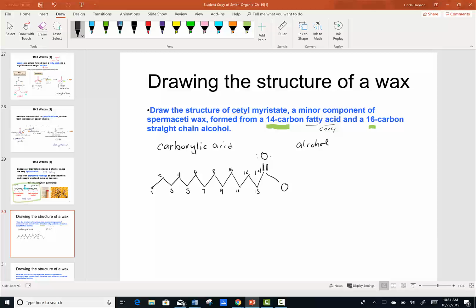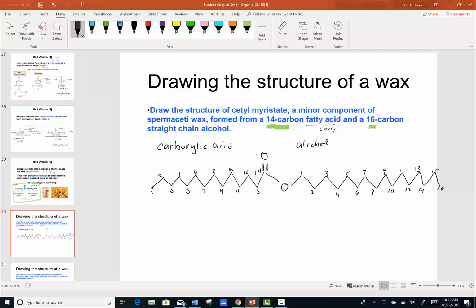And now we have to attach 16 carbons that came from the alcohol. 1, 2, 3, 4, 5, 6, 7, 8, 9, 10, 11, 12, 13, 14, 15, 16. Let's count to be sure. Looks like I have it correct.